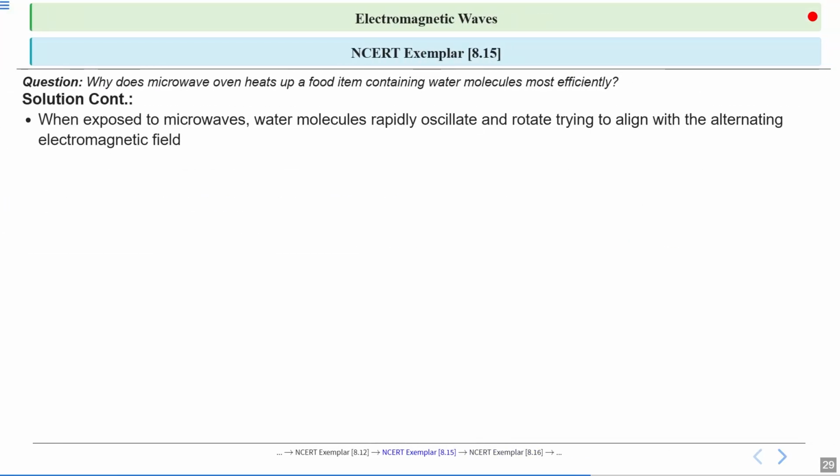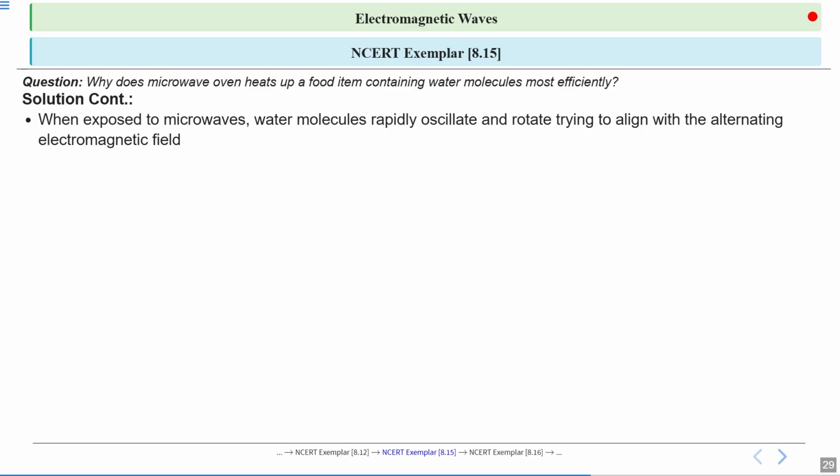So when exposed to microwaves, water molecules rapidly oscillate and rotate, trying to align with the alternating electromagnetic field. The amplitude of rotation or oscillation will increase due to the resonance condition.